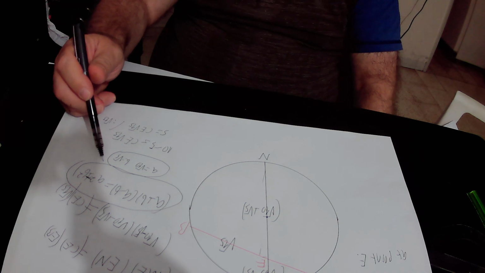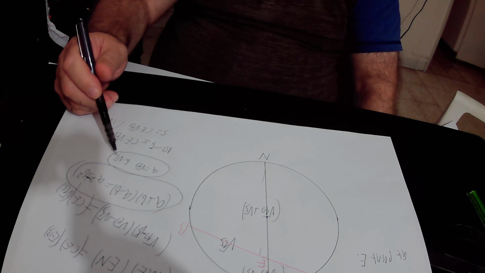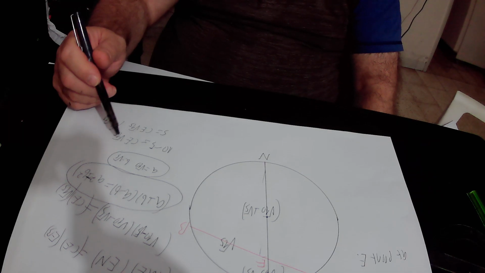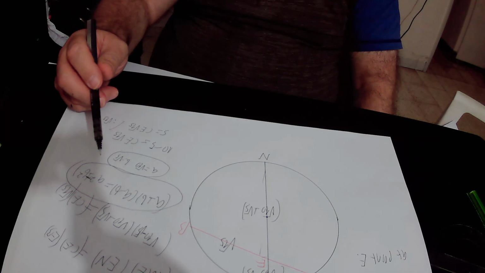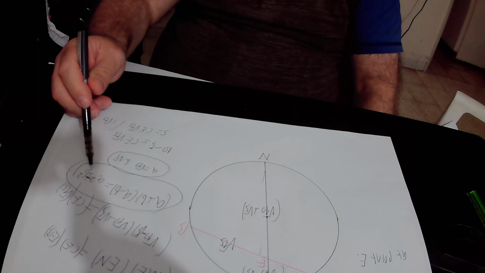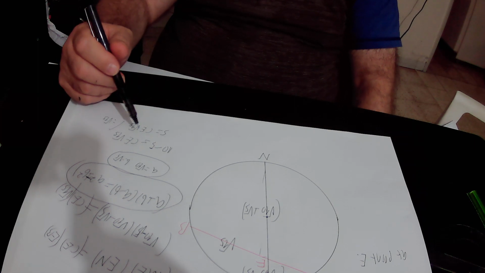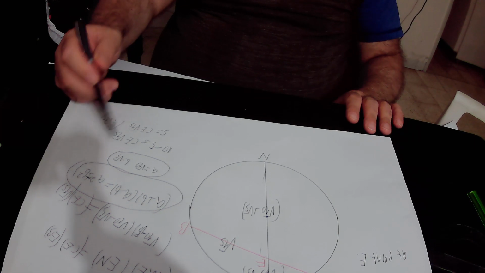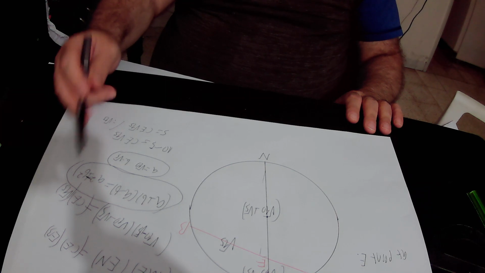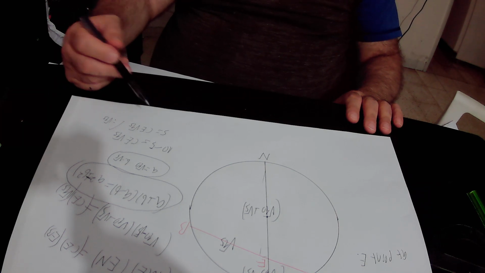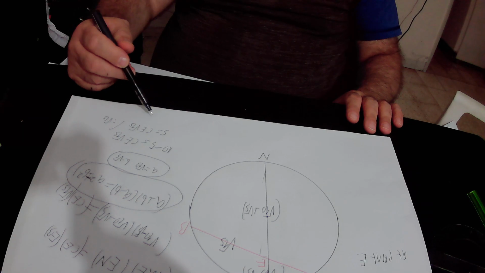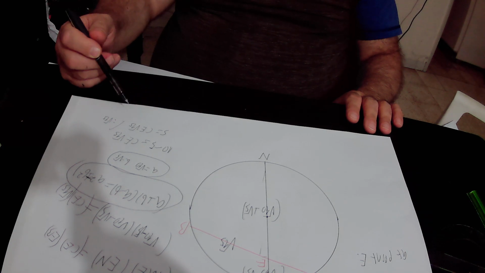Minus B squared. B equals the square root of 5, therefore B squared is the square root of 5 squared, that is 5. So, in conclusion, A squared minus B squared equals 10 minus 5, that is equal to CE times the square root of 15. 10 minus 5 is 5, so we found out that 5 equals CE times the square root of 15.